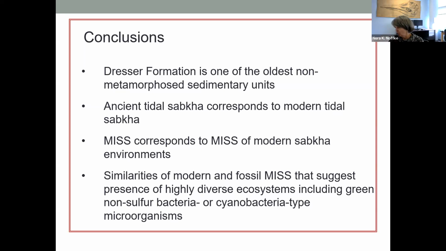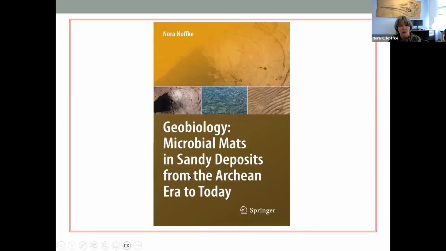And we concluded at that time that fossil and modern MISS are formed by organisms that reacted in very similar ways. So we suggested there were cyanobacteria around already. So that was an overview about MISS in general.